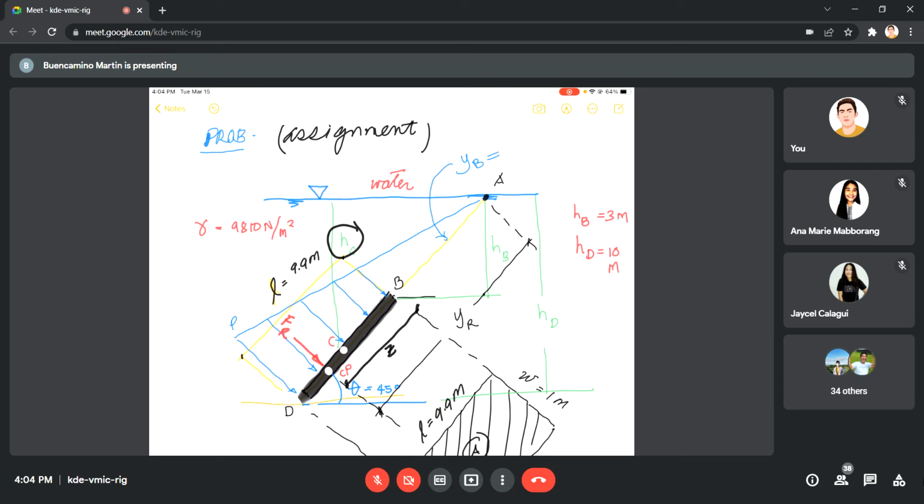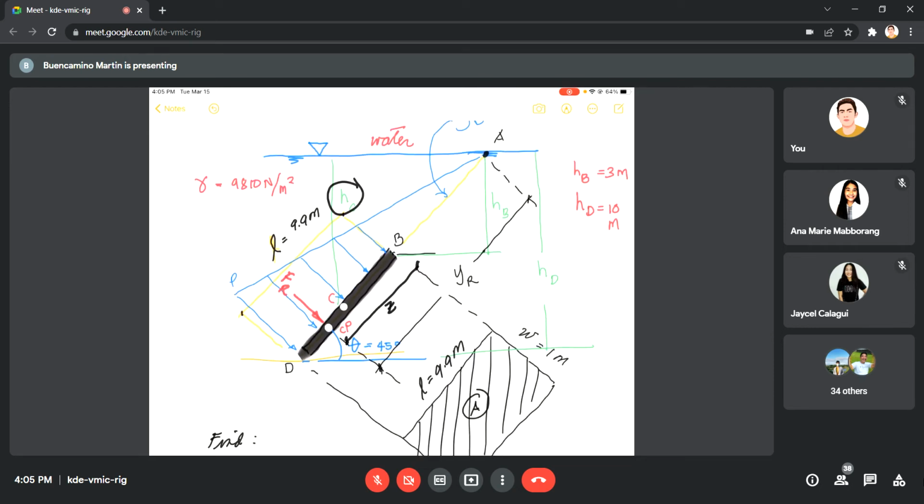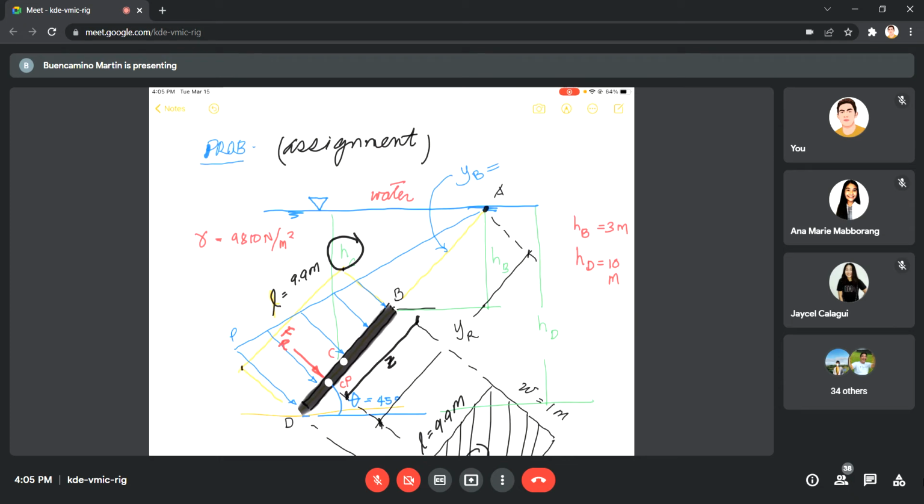Meron tayong submerged surface. Ang length niya is 9.9 meters, and then ang width niya is 1 meter. Ang orientation niya with respect to the surface of water is 45 degrees. Ang given ang depth ng B which is 3 meters at ang depth ng point D is 10 meters.